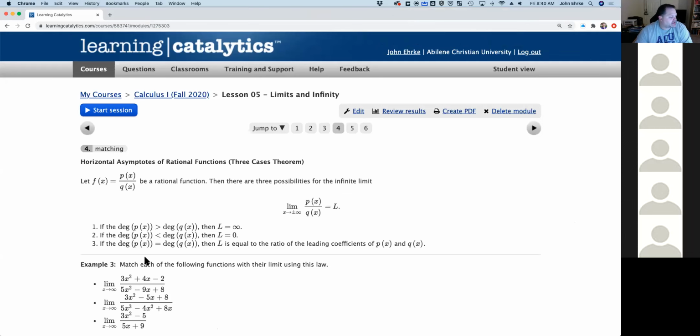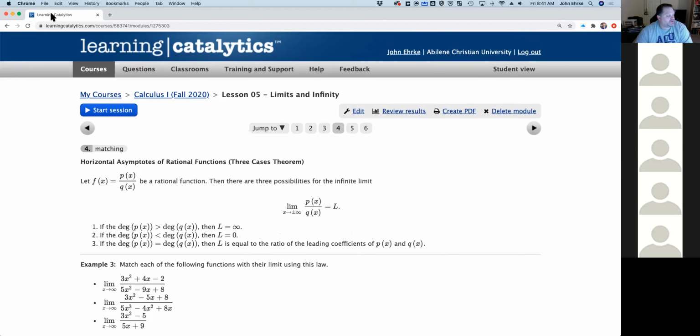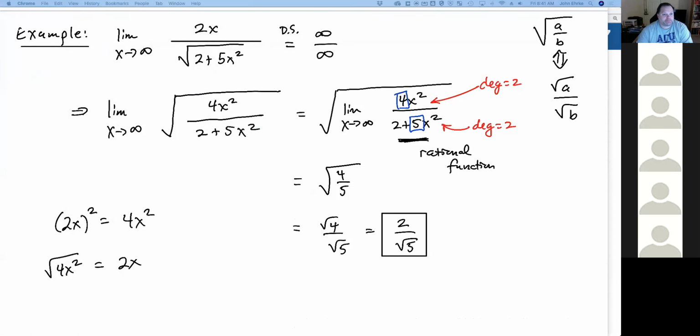We're in the case where the degree of the numerator is equal to the degree of the denominator. So the limit is equal to the ratio of the leading coefficients. If you look back at your notes from Wednesday, that's what I'm applying there. Yes, sir. Thank you.